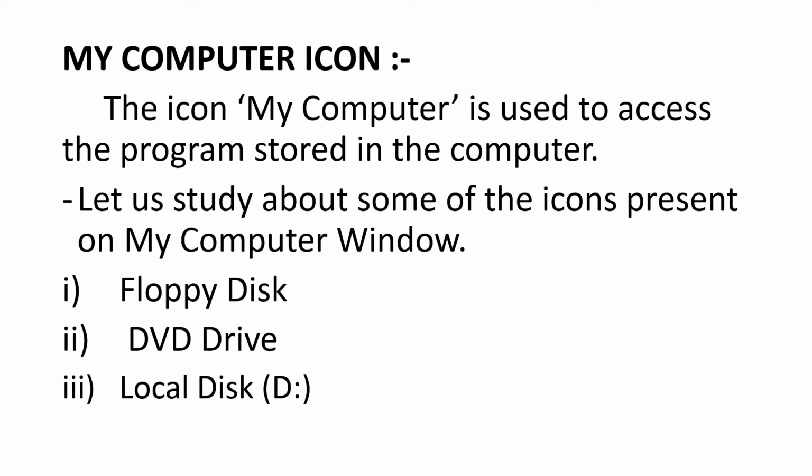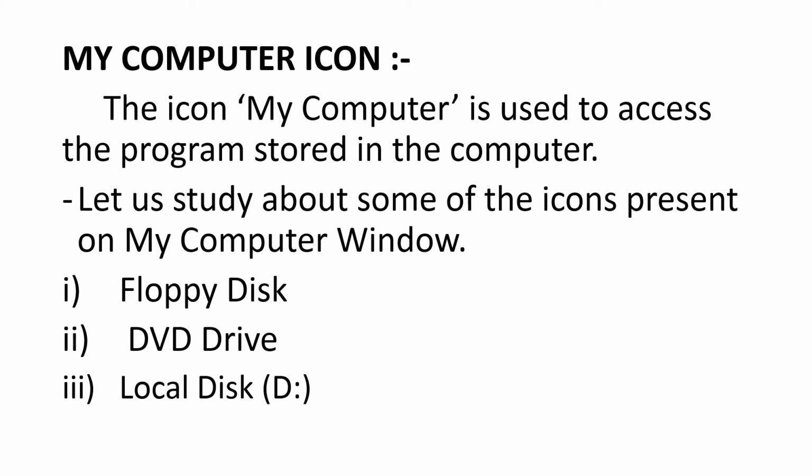Whatever contents are stored inside the hard disk of the PC, you can see in this drive. There are many names for the drives, the parts of the hard drive. From that, one part is local disk D.